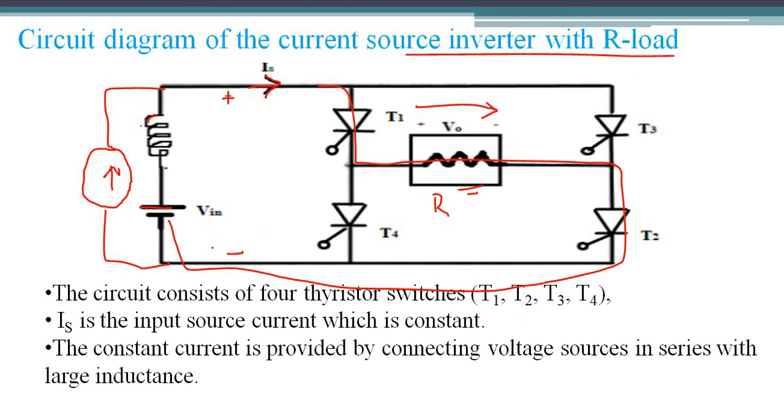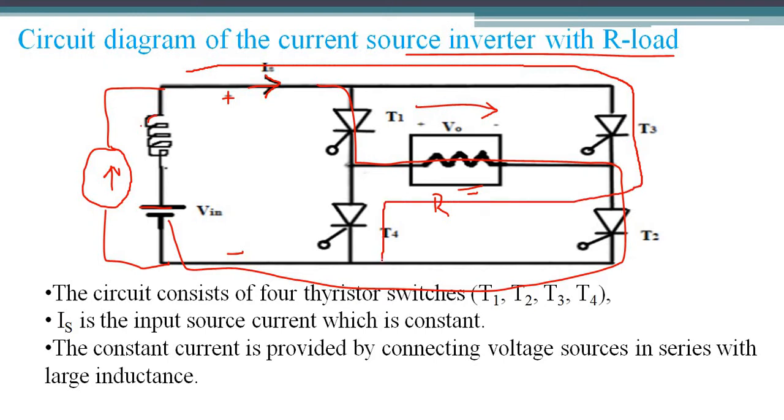Next, from T by 2 to T, or from pi to 2 pi, the triggered thyristors are T3 and T4. So Is will now flow through T3, through the load, through T4 and to the negative terminal.